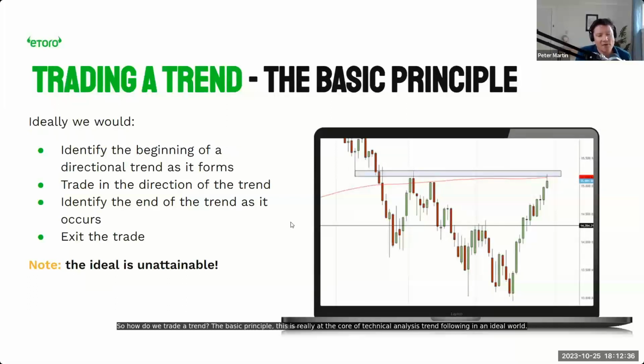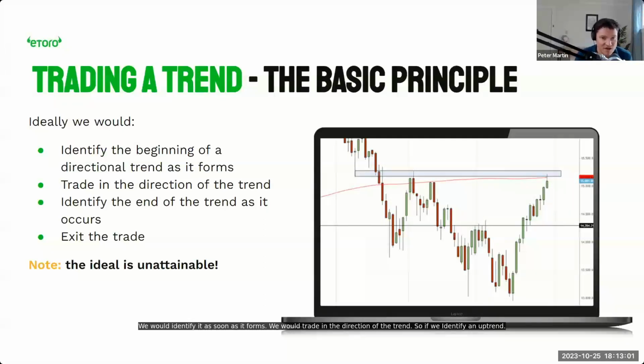So how do we trade a trend? The basic principle, really at the core of technical analysis, is trend following. In an ideal world, we would identify the beginning of a directional trend, so either an uptrend or a downtrend, not a sideways trend. We would identify it as soon as it forms and trade in the direction of the trend.